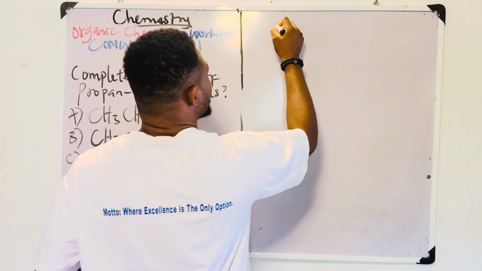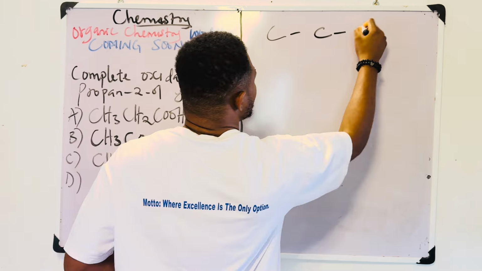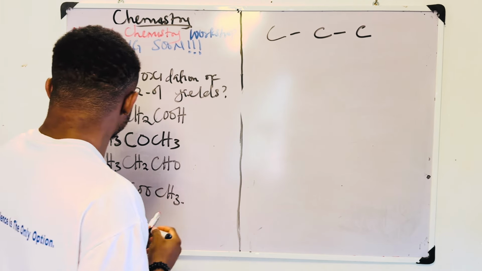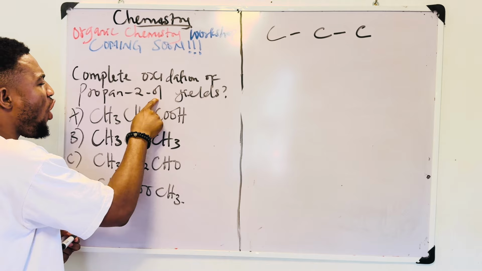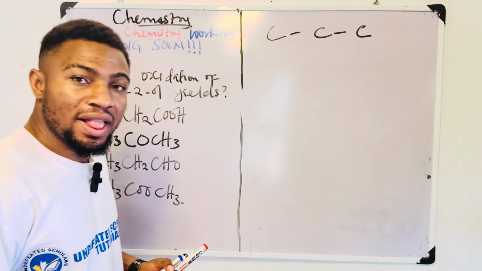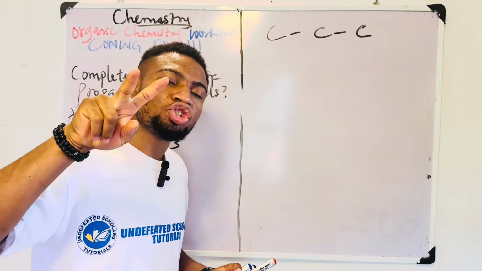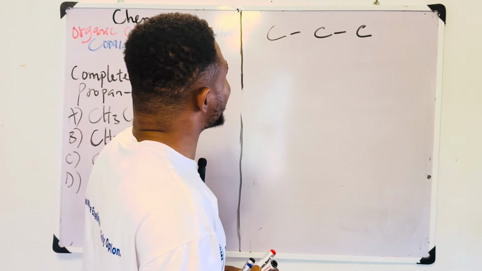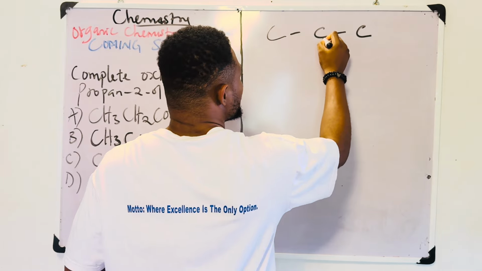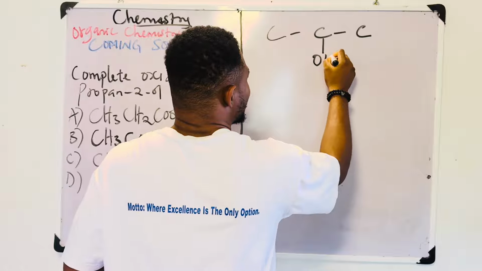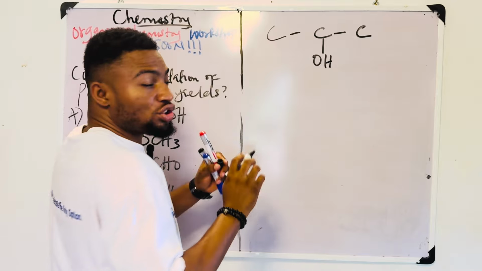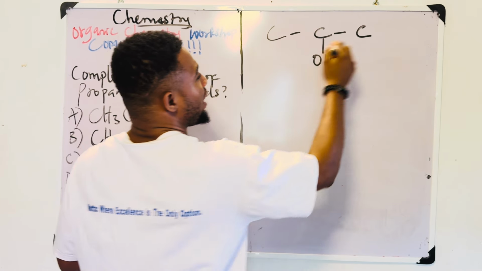So we draw 3 carbons first: 1, 2, 3. They say propan-2-ol. The 2-ol means that the OH is in position 2. That's carbon 2, that's where the OH is. So the OH is here. That's all, so you close the terminals.